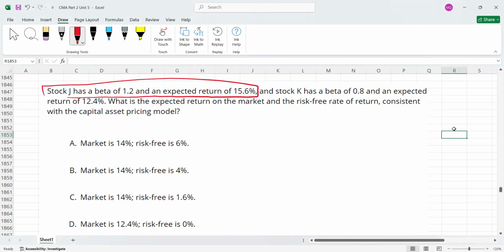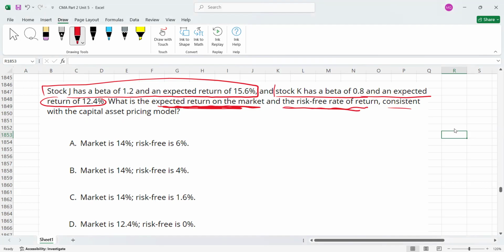Stock K has a beta of 0.8 and an expected required rate of return of 12.4%. They are asking what is the rate of return on the market, RM, and the risk-free rate of return consistent with the capital asset pricing model.